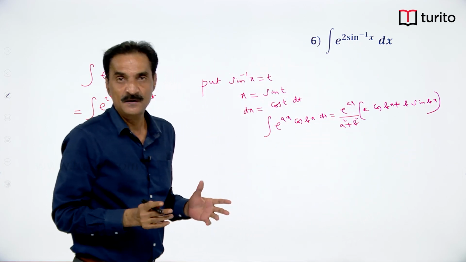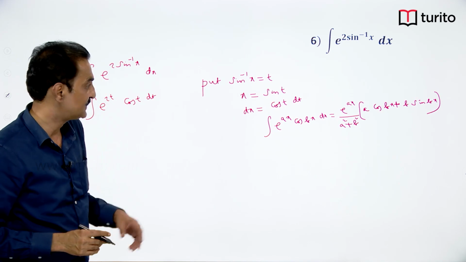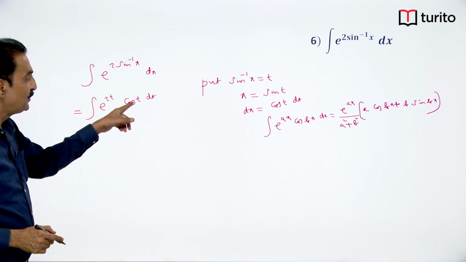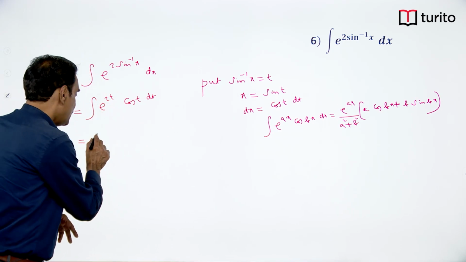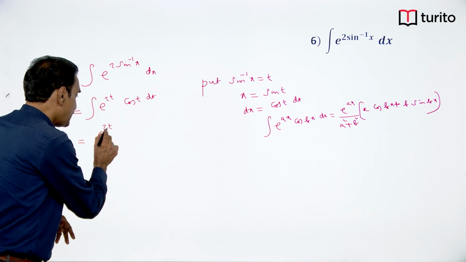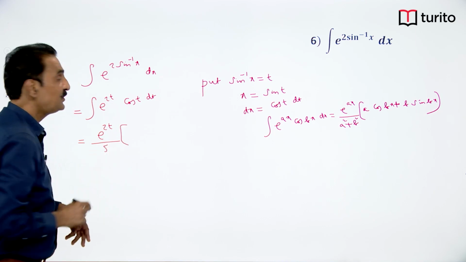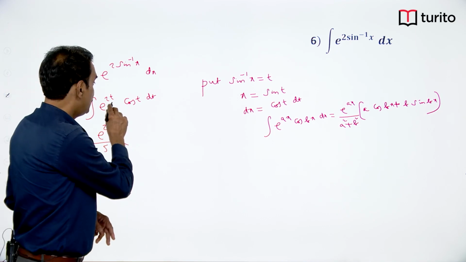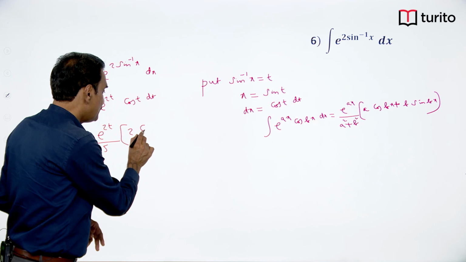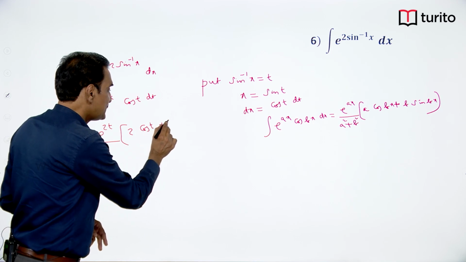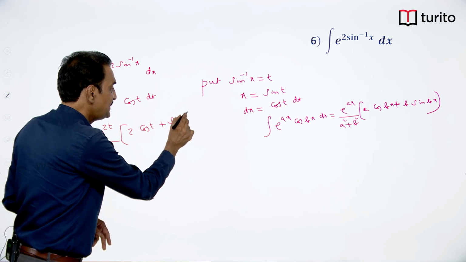This is the standard formula which we have proved in the previous class. Now a is 2, b is 1, so it will be e power 2t by 2 square plus 1 square, 5, into 2 cos t plus sin t plus c.